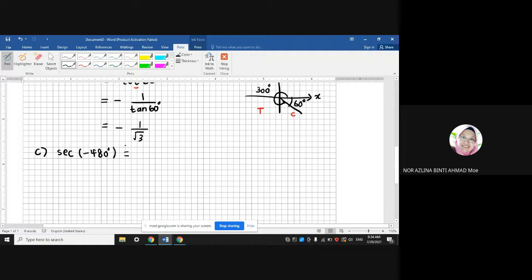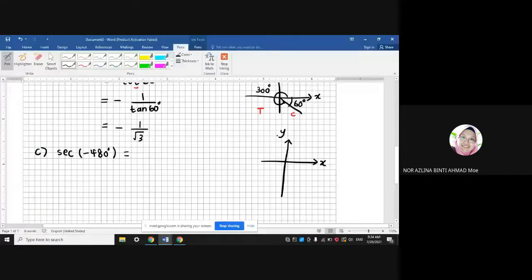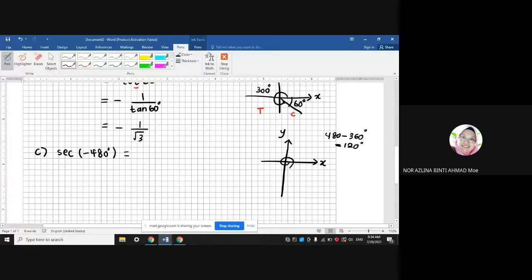Tangent 60, kita tulis sini dulu. Ini adalah opposite negative, square root 3 over adjacent is 1. So this is square root 3. So saya gantikan sini. Negative 1 over square root 3. Dah selesai. Itu jawapan dia.